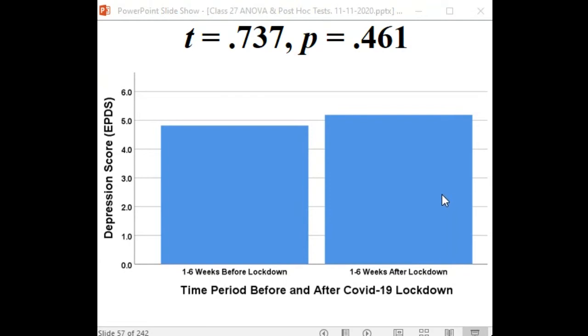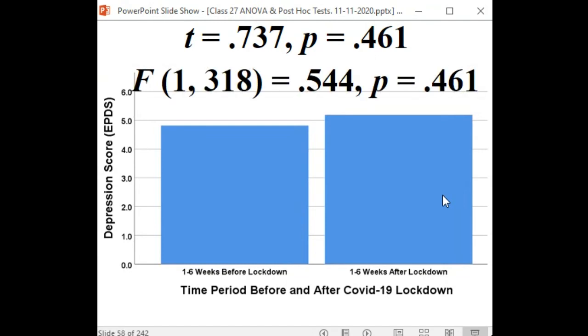But here's the new point. If we like, instead of doing a t-test, we can do an ANOVA and calculate F. If we do that, we find that F equals 0.544 and P equals 0.461. And notice something interesting.